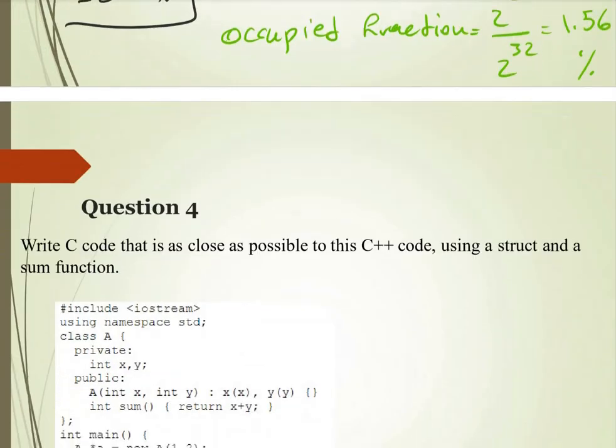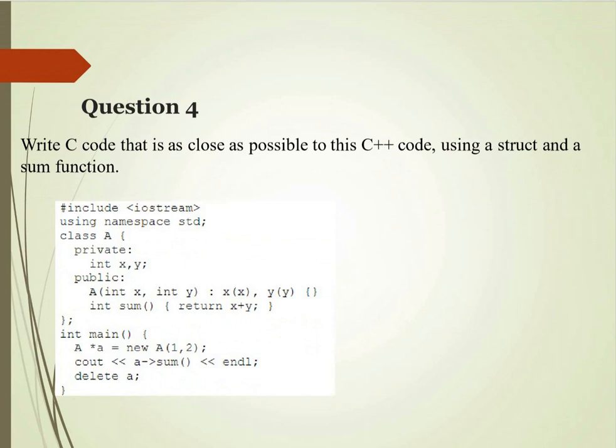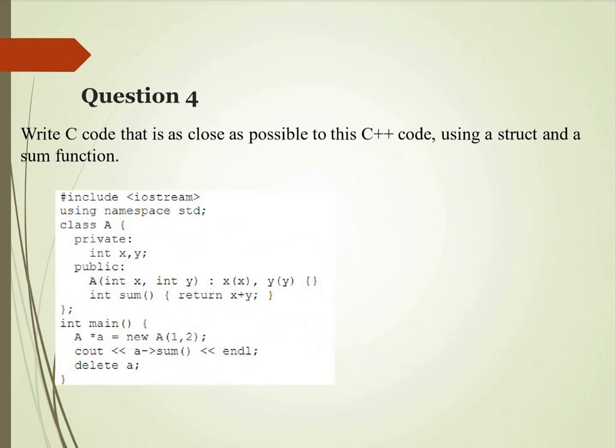so let's go to the next question. The next question is asking to write a C code that is as close as possible to the C++ piece of code provided in this question, using a struct and some function. First of all, we need to know what is different between the C and C++ code in this piece of code. Basically, in the C code, we don't have any class.